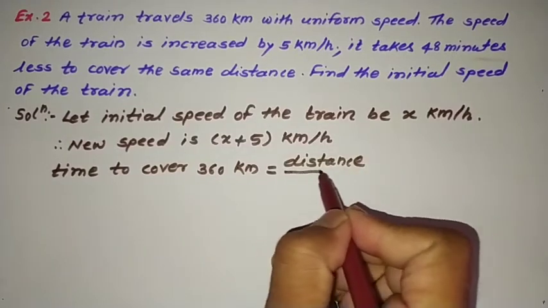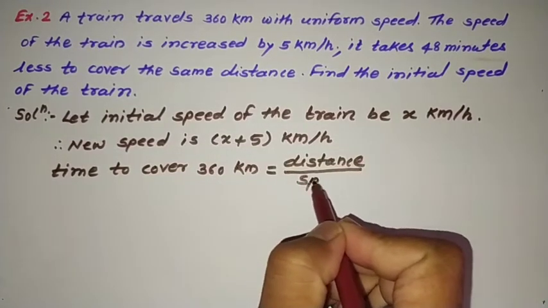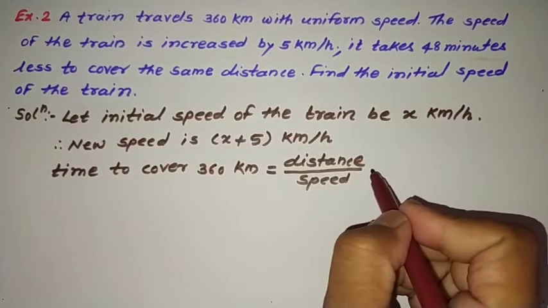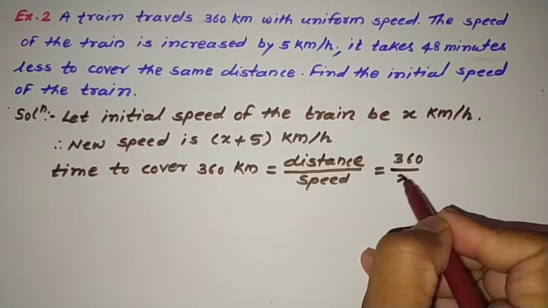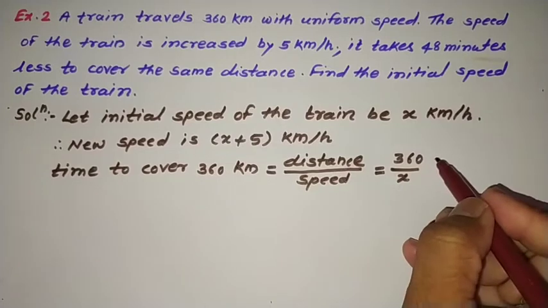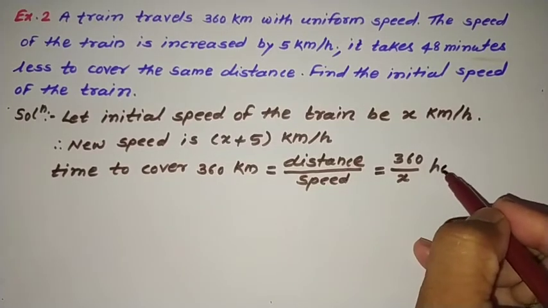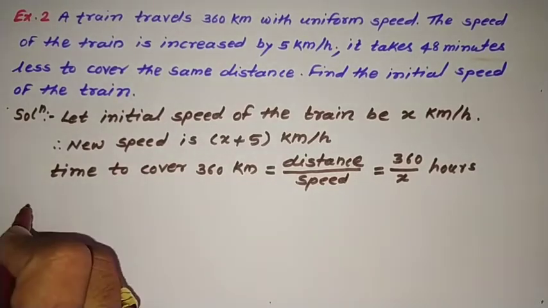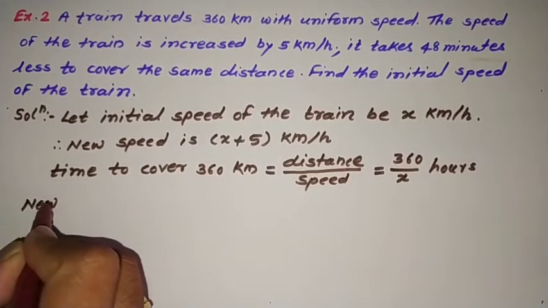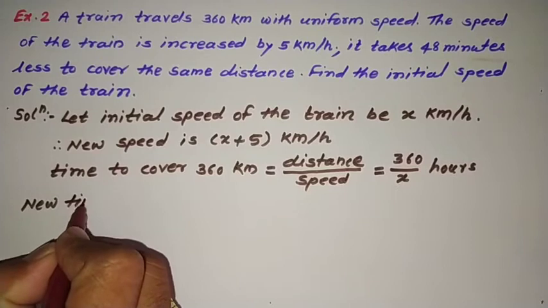Distance is 360 and initial speed is x, so time is 360 upon x hours.